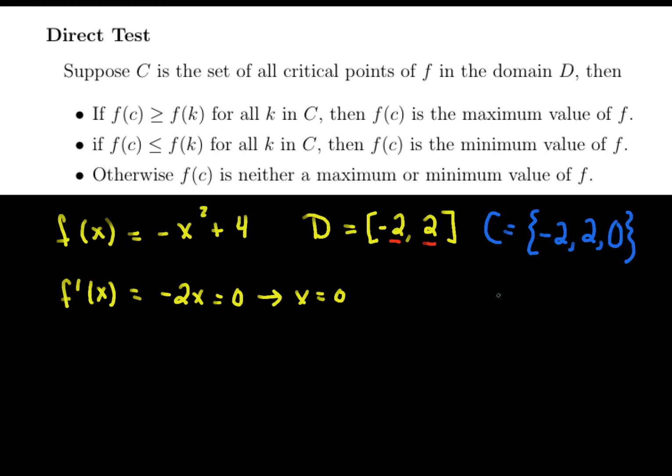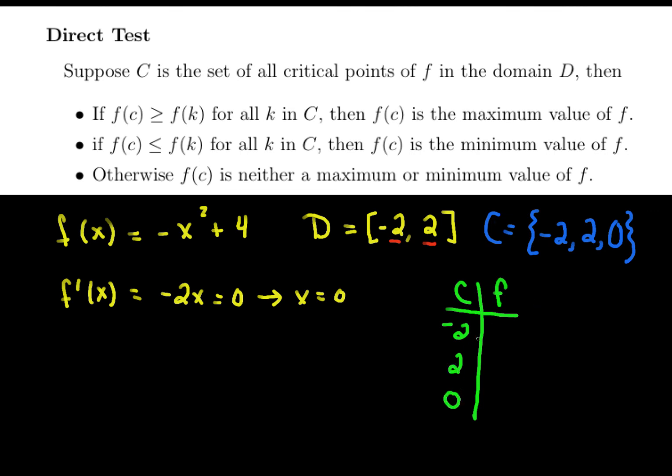So I'll make a table over here. We'll put our points in C here, and we'll evaluate f over here. So we've got, say, -2, 2, and 0.